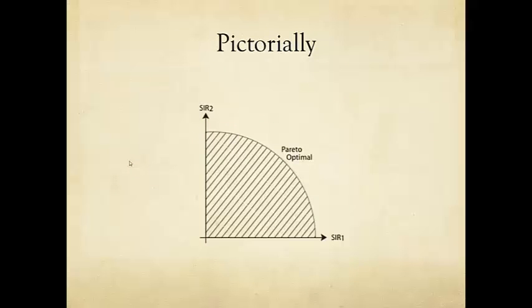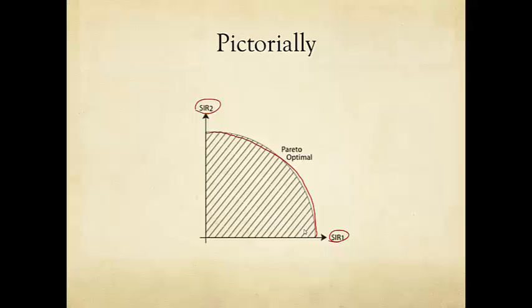Pictorially, what we are looking at in this case of transmit power control is visualizable in the following cartoon. Suppose we have just two users, so we can draw in a two-dimensional plane on a piece of paper or slide. The first user's SIR is on the x-axis, the second on the y-axis. And we have a shaded region here that denotes the set of feasible SIR values.